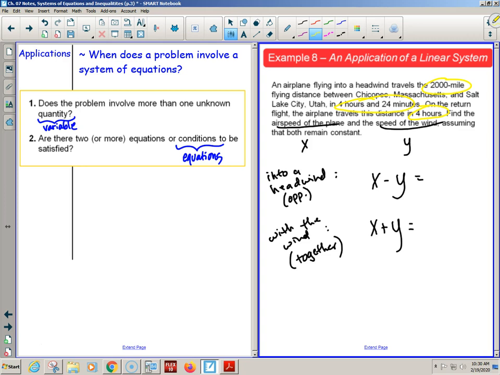Distance over time, miles per hour. Oh, that makes sense. Yeah. Okay, so I need the miles per hour of how fast it was going on the way there and how fast it was going on the way back. How am I supposed to know that with knowing the distance traveled and the time it took? And P.S., it already said it.